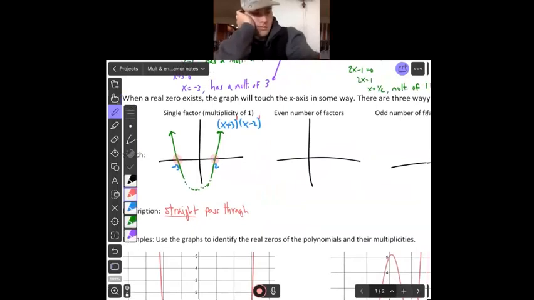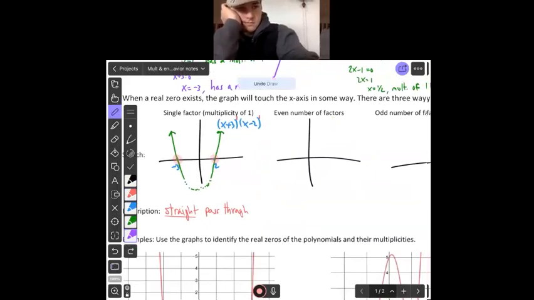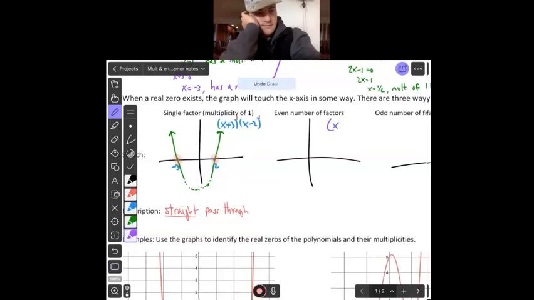With any even set of factors, so like if I had something like x minus 1 squared, that means my 0, or my x-intercept, is at positive 1. If I was going to graph that, it would look like that.